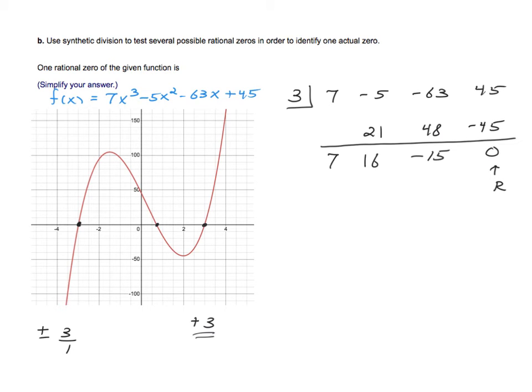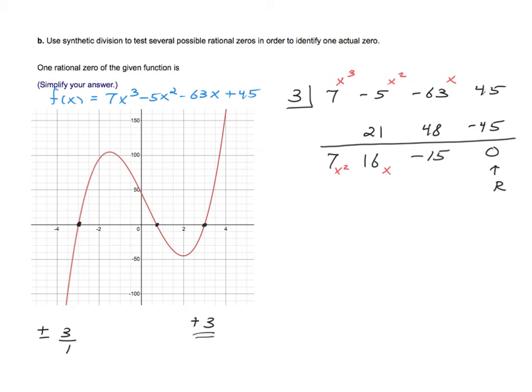What this tells me is, if you start with 7x cubed minus 5x squared minus 63x plus 45, which is a constant, the numbers that appear down here are going to be 1 less in the exponent. So this is really 7x squared, 16x, and then minus 15 as a constant with a remainder of 0.